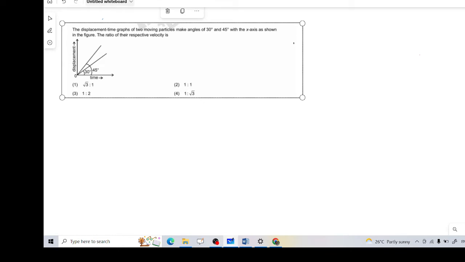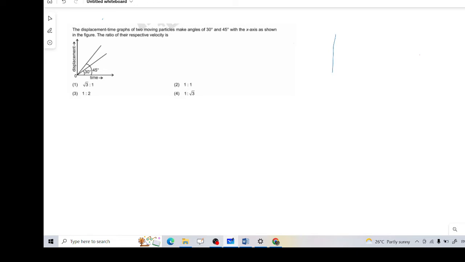If I have taken this first object, this first object is moving with an angle of 30 degree. The y-axis they have given as displacement and the x-axis they have mentioned as time.